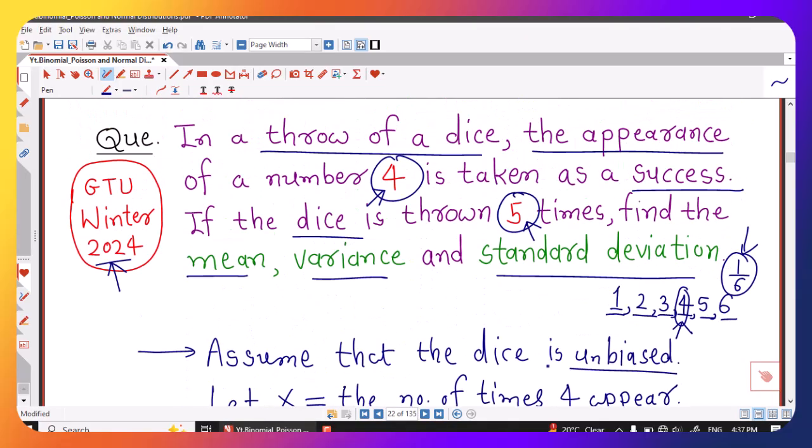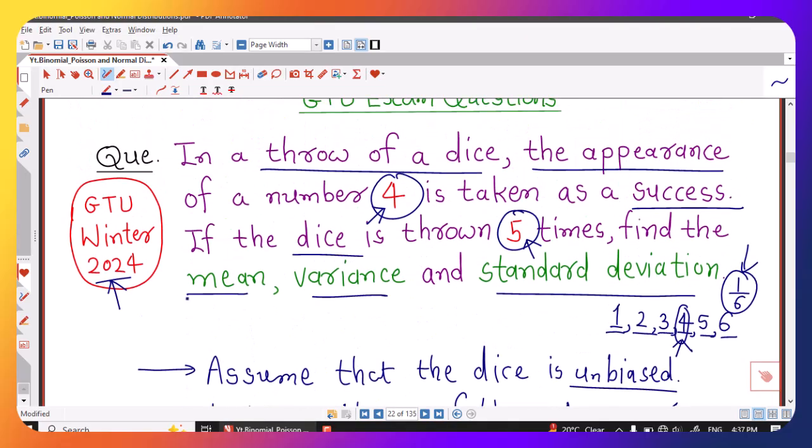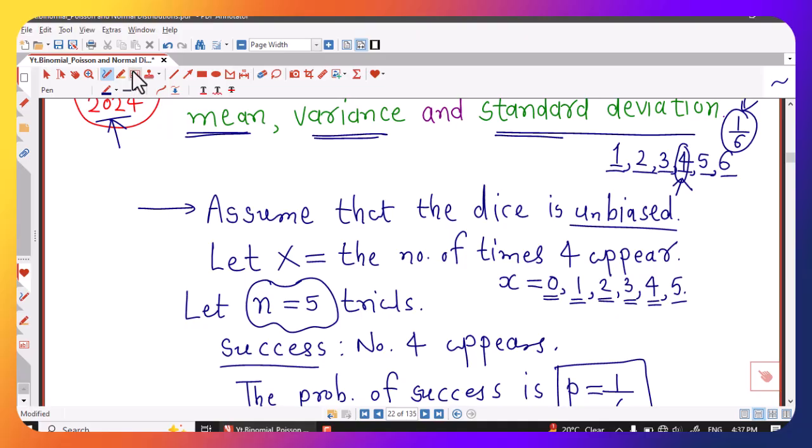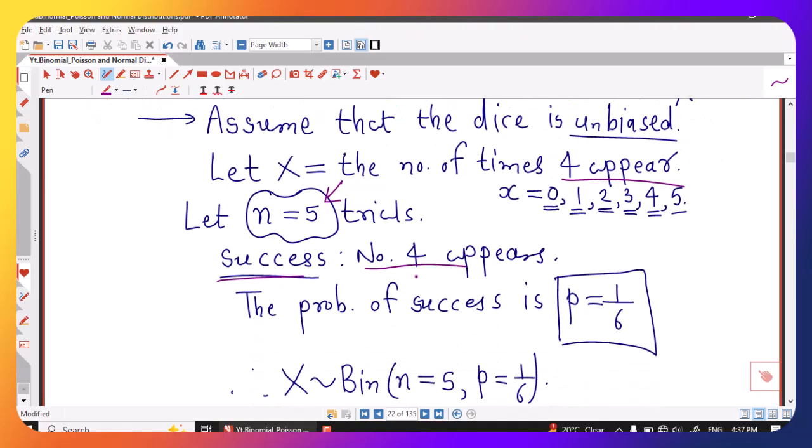Here they have not specified anything about the distribution for this given problem. So first we define this random variable, which is the number of times 4 appears, and we know that the number of trials is finite. In every trial there are two possibilities: number 4 appears or number 4 does not appear.